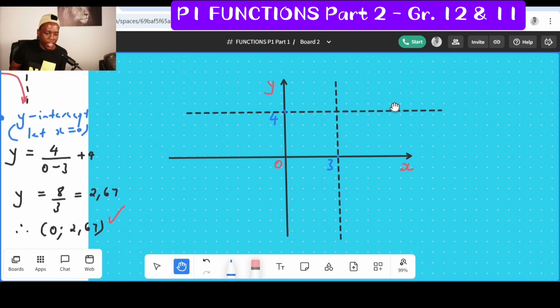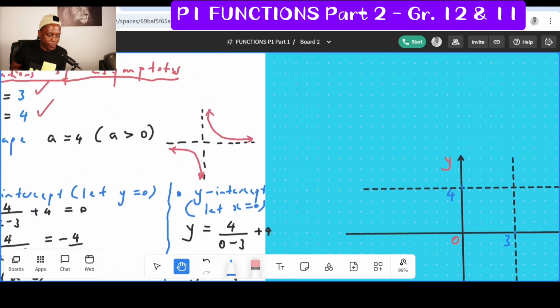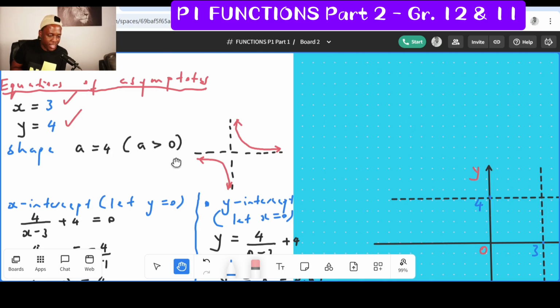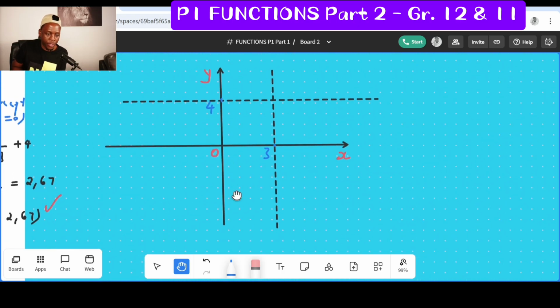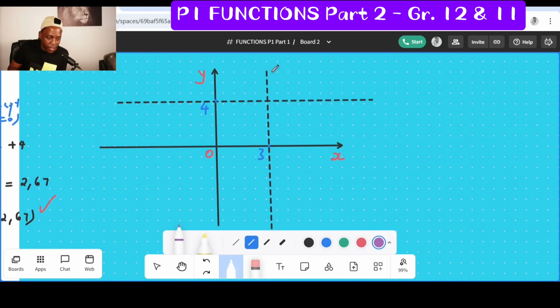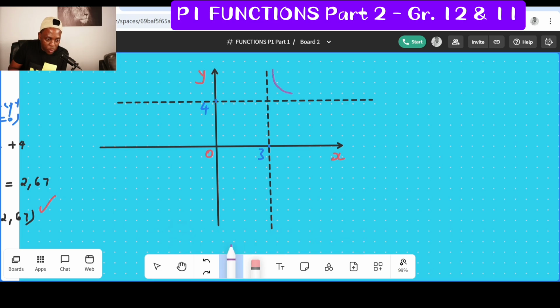Then we check where in the asymptotes we are drawing the shape. According to this, since a is a positive number, that's going to be in the first quad and also in the third quad. So here we have the first quad of the asymptotes. Remember, the graph is not supposed to touch the dotted lines. And it's going to be reflecting in the third quad.